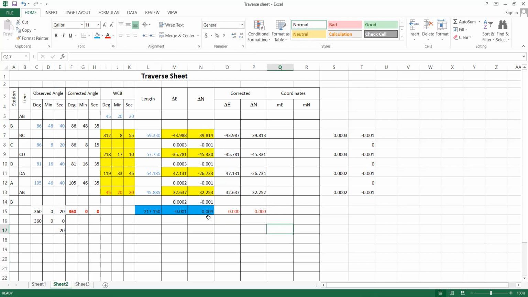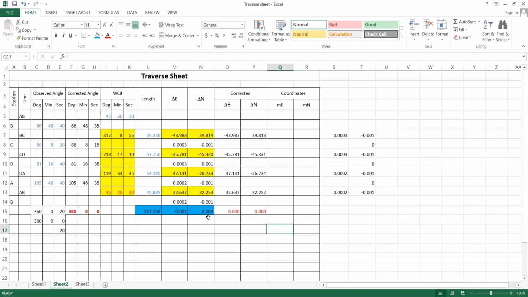After you correct your delta E and delta N, it should give you a sum of 0. The summation should be 0 for the corrected delta E and delta N's. Otherwise, your correction is useless. The meaning of the correction means getting it to the 0 value.